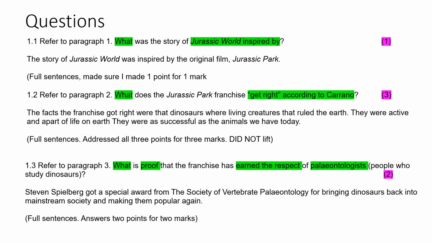They were successful as animals as we have today. 3rd mark. You will see that I used full sentences and addressed all 3 points. What is very important over here is that I did not copy and paste, or lift directly from the text. You should always put your answers in your own words, grade 8s.